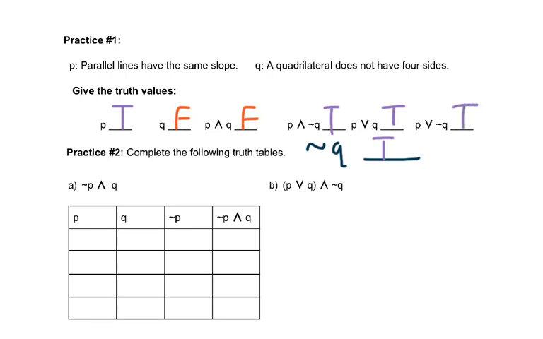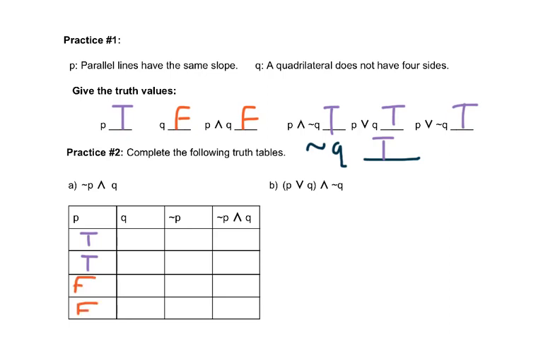Let's look at an example of a truth table, actually filling one out completely. So again, we want to start off with filling out all the combinations of P and Q that we know. So we're going to have true, true, false, false.